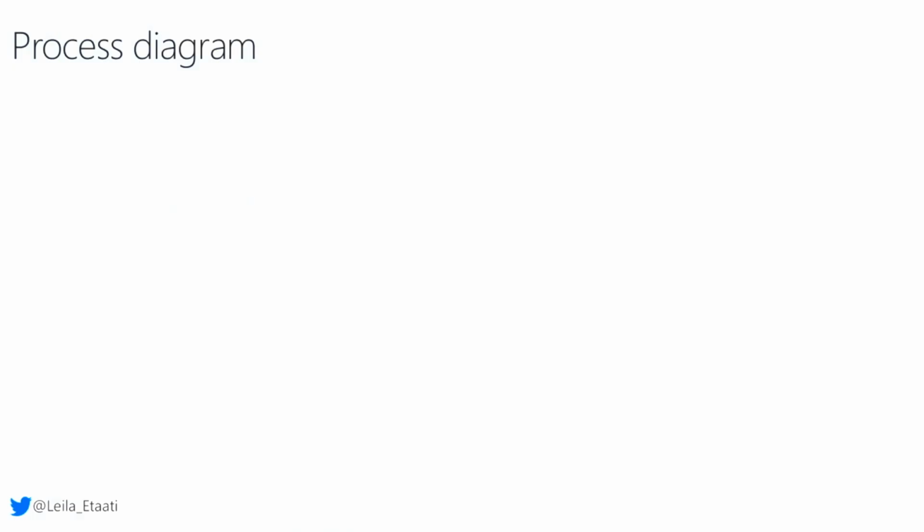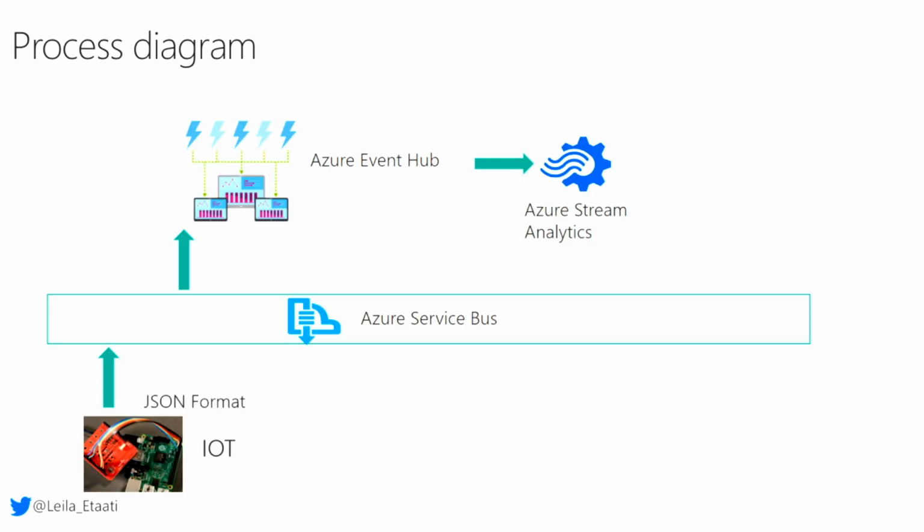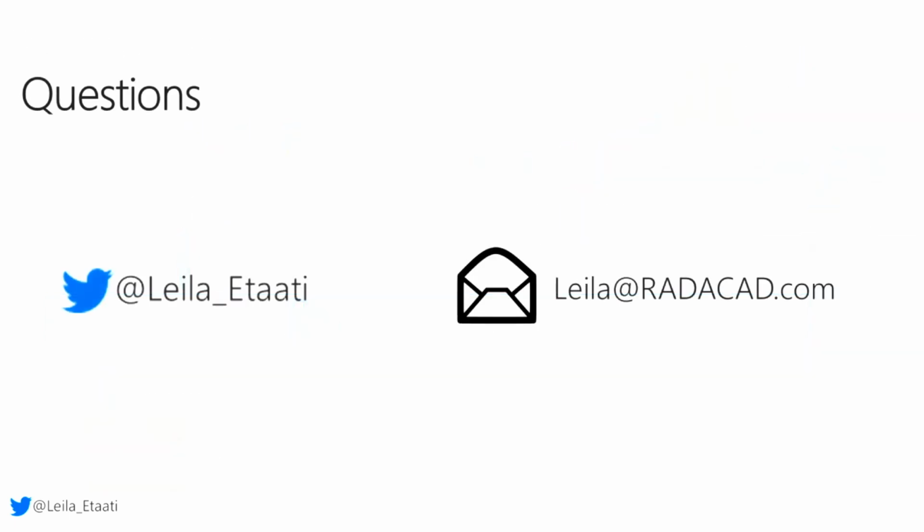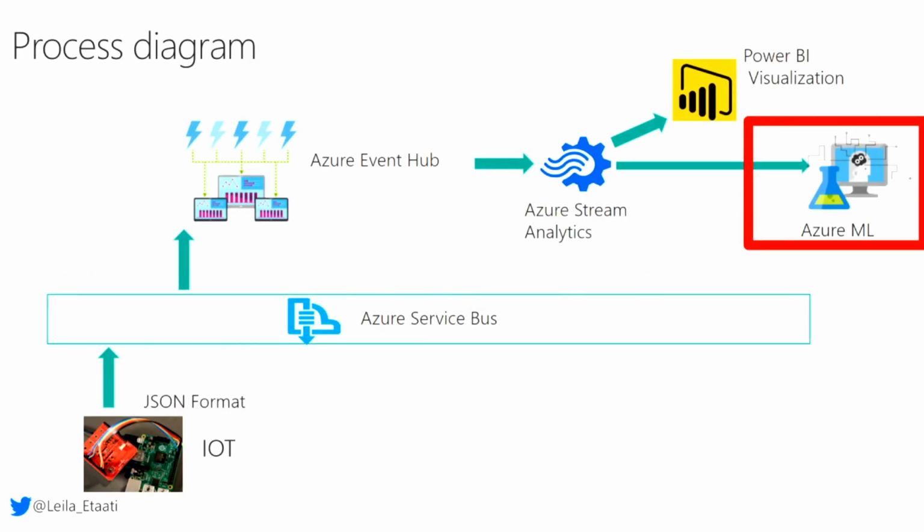Another one is about Azure ML. Sometimes you want to do anomaly detection to see what's happening in the normal data, or you want to do some clustering or other analytics. That is also possible inside Stream Analytics. Let me show you the process very quickly.